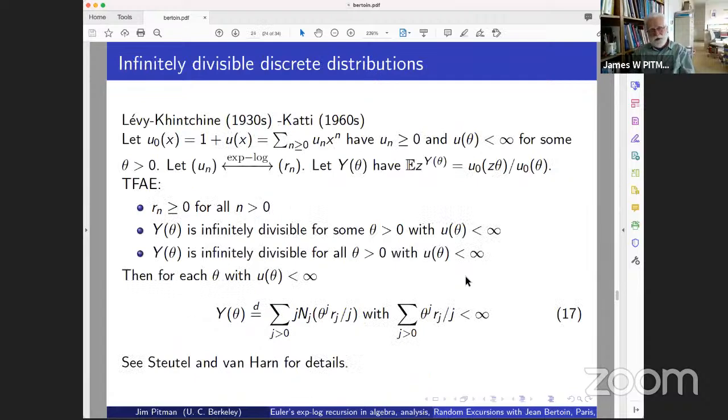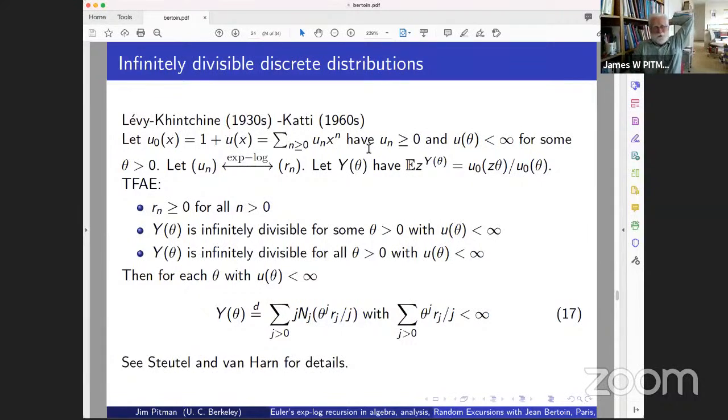So we are now very close to the Lévy-Khinchine representation of infinitely divisible distributions, discrete ones, and we have a sort of wrinkle on that, which was described by Katti in the 1960s. And I'll just say it very quickly. You take any non-negative power series, and we're going beyond the renewal setting now.